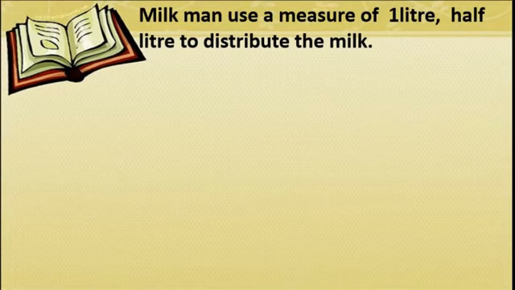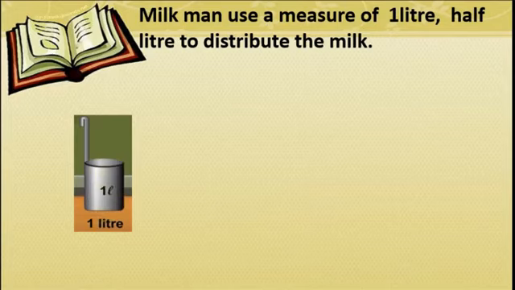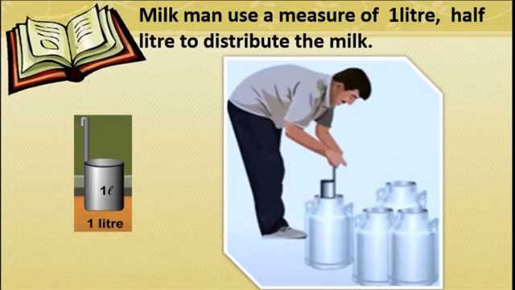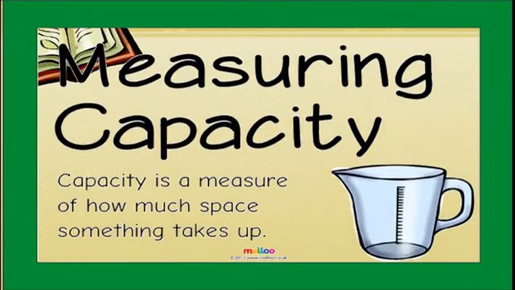You know that milkmen use a measure of 1 liter or a half liter to distribute the milk. Correct? See this. You can see the measure of 1 liter in the milkman's hand. Now, measuring capacity.